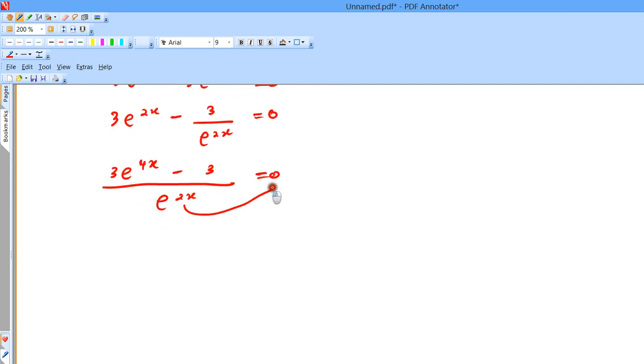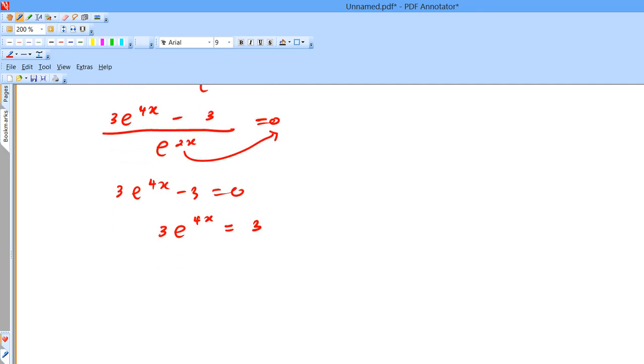And then you can multiply this, we get 3 e power of 4x minus 3 equal to 0, 3 e power of 4x equal to 3, e power of 4x equal to 1.